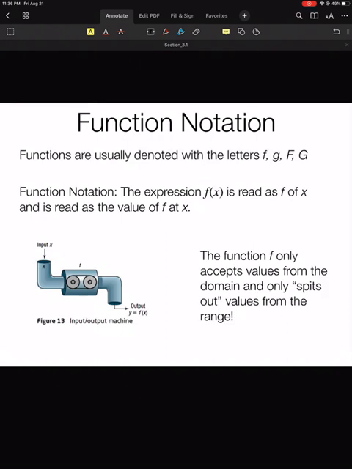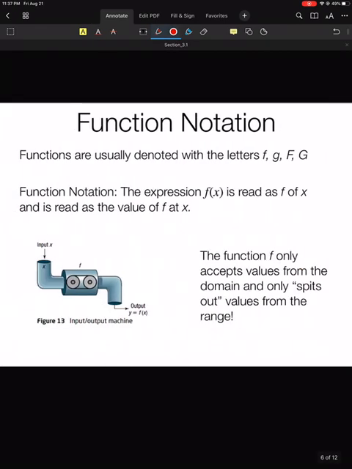Something that we're going to deal with a lot in this course is function notation. Function notation looks like this: f of x, with x in parentheses, and that is read as f of x.